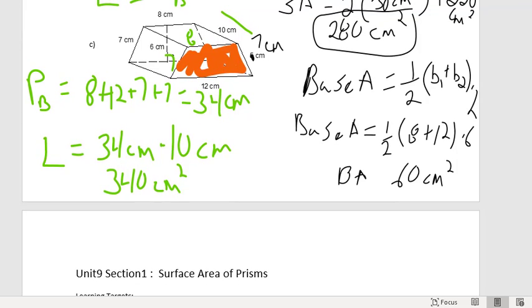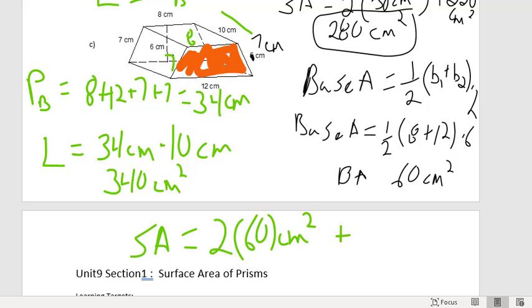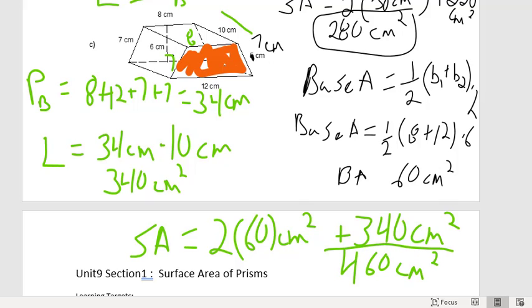Our surface area is going to be 2 times our base area plus our lateral area, so plus 340 centimeters squared. All right, 2 times 60 is 120, plus 340 makes 460 centimeters squared overall.